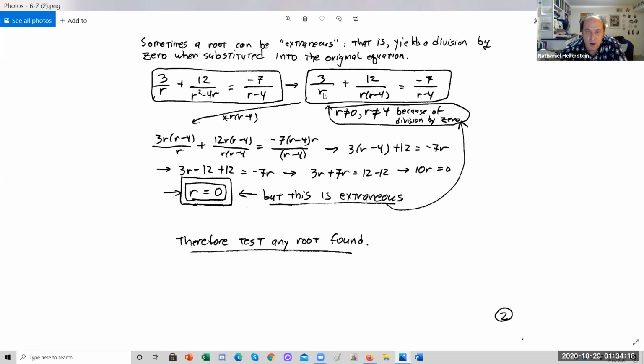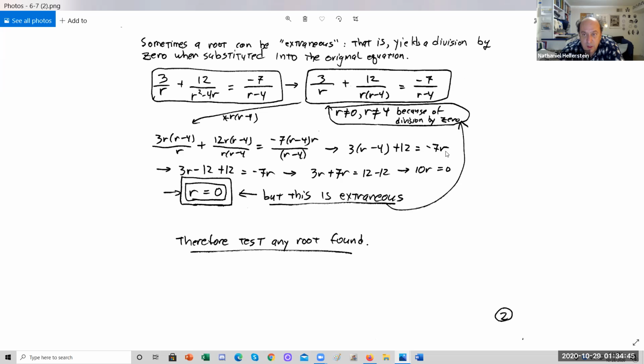The denominators are r minus 4 and r times (r minus 4), so the lowest common denominator is r times (r minus 4). You multiply throughout, there, there, and there. The r is canceled here, r minus 4 cancels here, r minus 4 cancels here. So we'll get 3 times (r minus 4) plus 12 equals -7r.